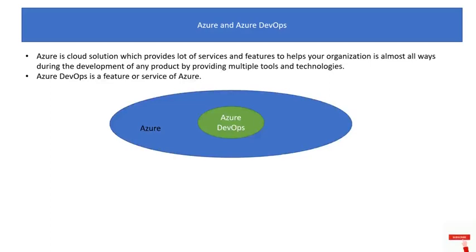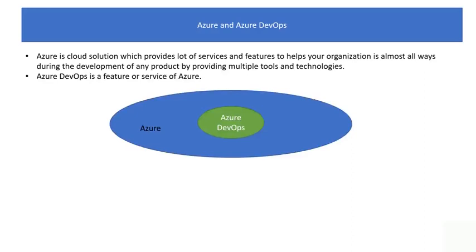Basically, Azure is a cloud solution which provides lots of features which your company can use for development, for deployment, and for the management of other things, also respective to the technology. There are lots of technologies which you can use in Azure. It provides you storage and lots of other things.